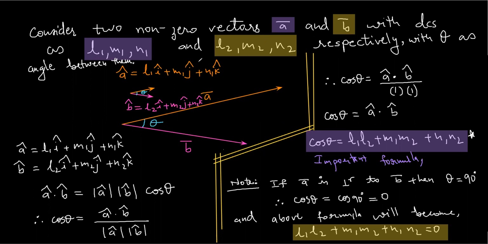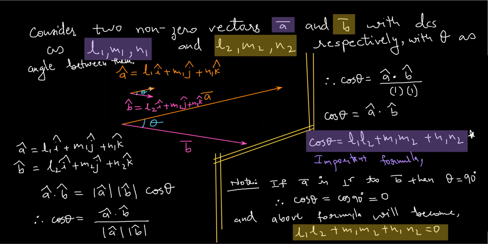The answer is, we will have to multiply some number to A cap in order for it to become A bar. The mod of A cap is 1 and its direction is the same as A bar. So to get A bar using A cap, you will have to multiply by a positive number.